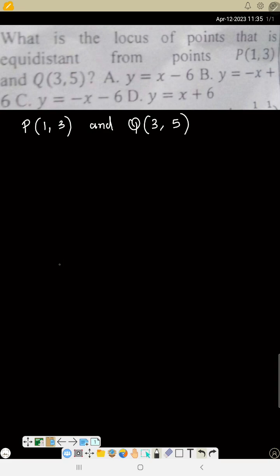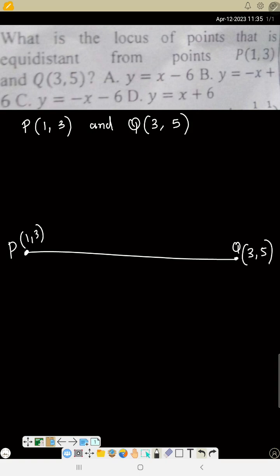This is like you have a straight line. You have point P here and you have point Q here. Now you want to find the equation of this locus.